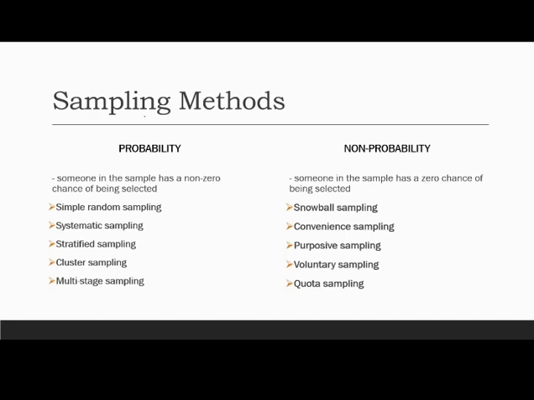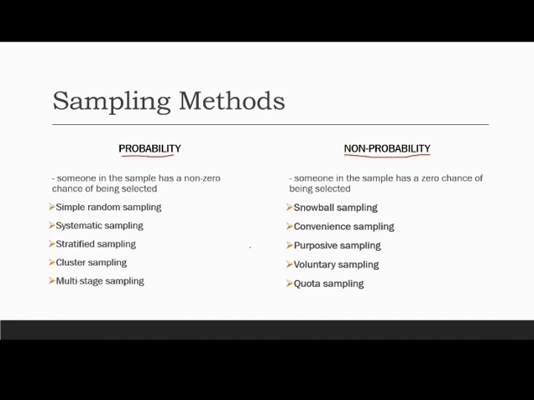We have the probability and the non-probability sampling. Hopefully by the end of the discussion on sampling methods, you'll be able to distinguish how they differ, and what the strengths and weaknesses of the two are.